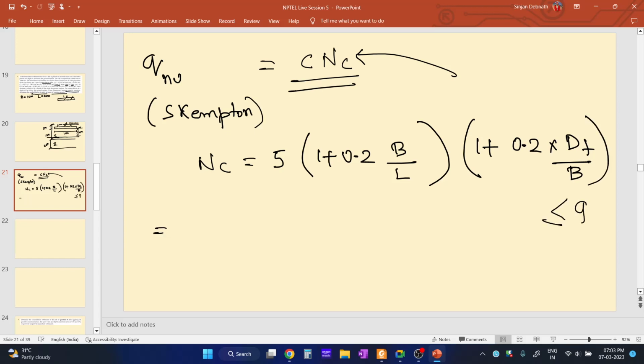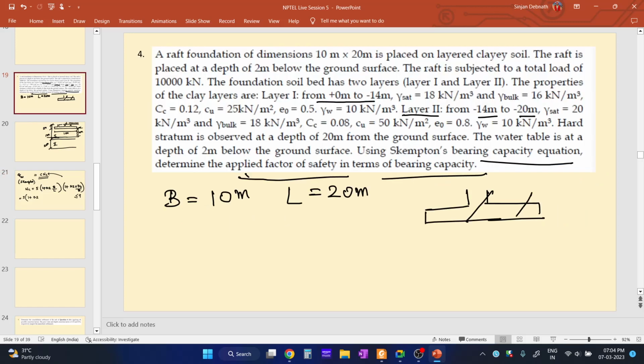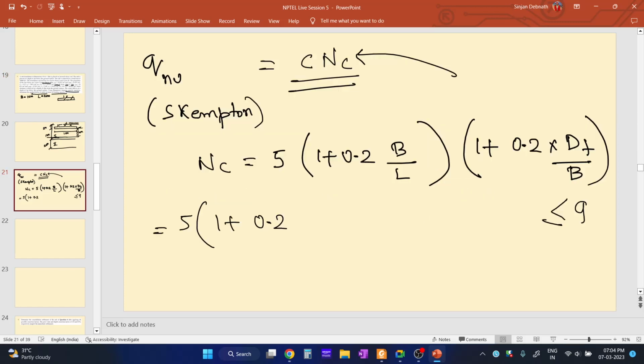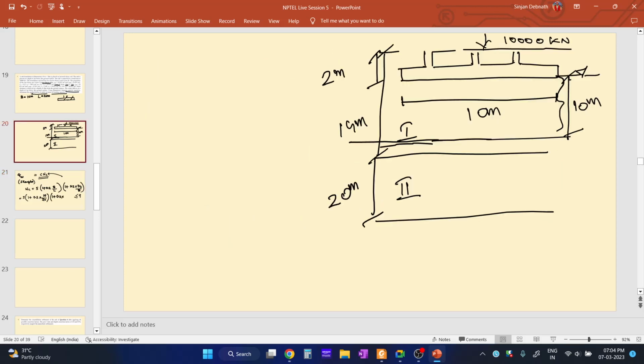So now we have the values of all the parameters. What is the breadth of the footing? The breadth of the footing is 10 meter and the length is 20 meter. What is the depth of the footing?